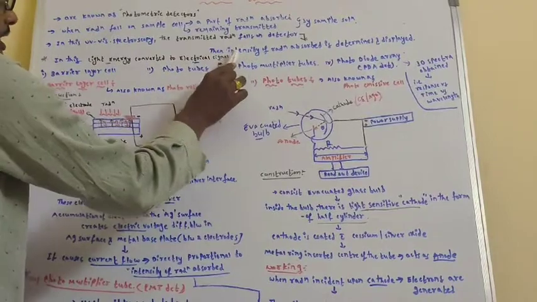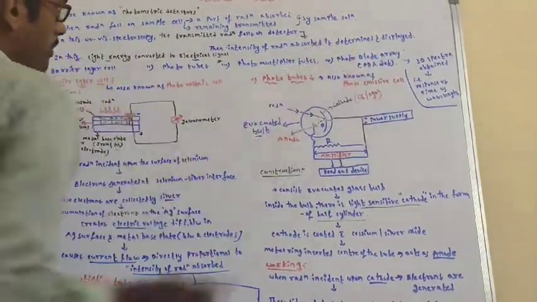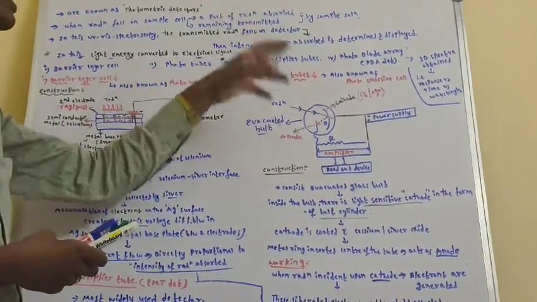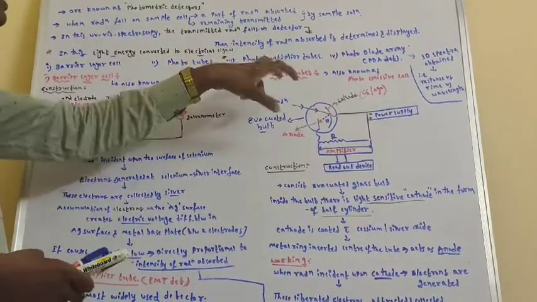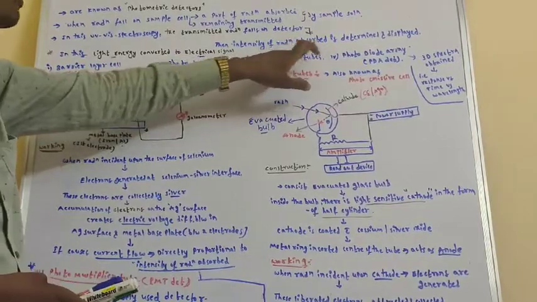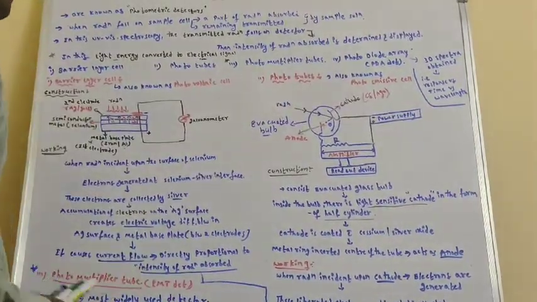Based on this, the intensity of radiation absorbed is determined and displayed. Whenever the transmitted radiation coming from the sample falls on the detector, the detector measures the intensity of radiation absorbed, which is then displayed.